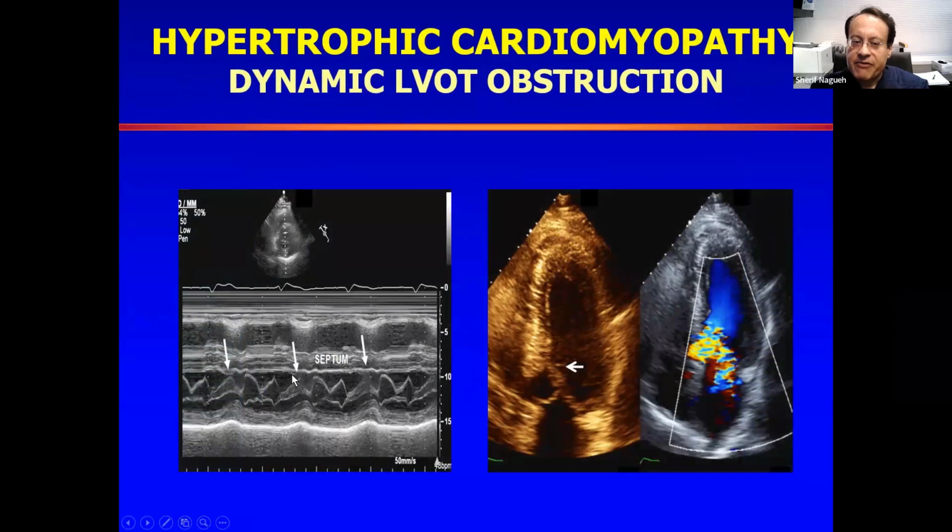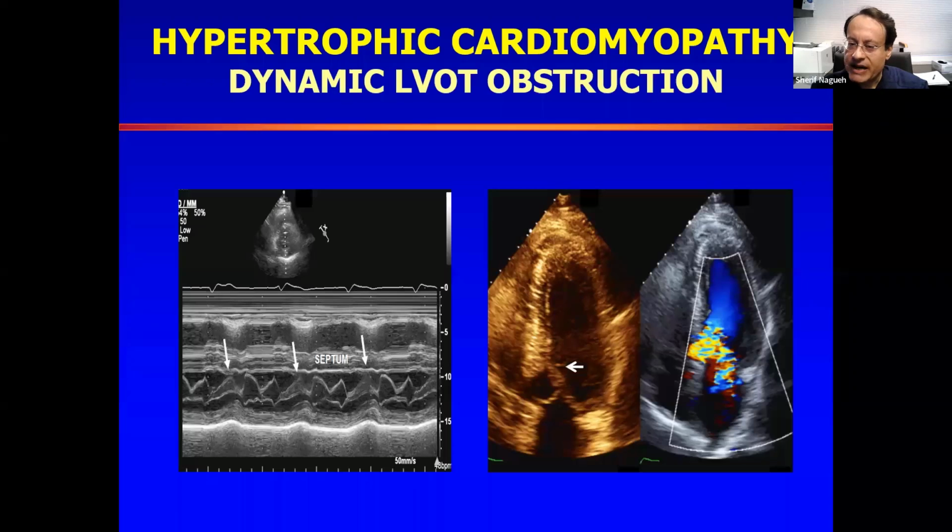And that's the classic finding with the M mode showing the contact between the anterior leaflet of the mitral valve and the septum. There it is by 2D. There is the color Doppler with acceleration into the outflow tract, as well as the posterior and lateral directed jet of mitral regurgitation.